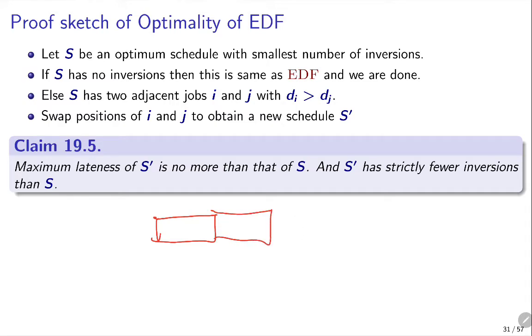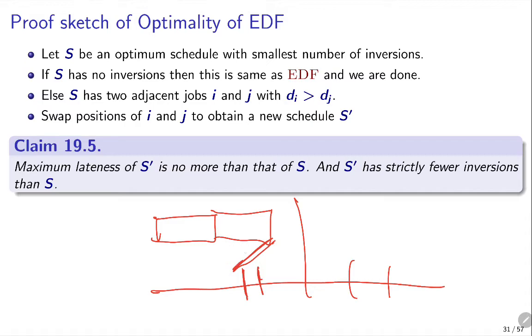So one option is the one I already drew, where the deadlines were to the right of the two jobs, and then clearly swapping them doesn't matter, right? So the more interesting case is where it does matter, right? Because one of them is past the deadline, right? So let's assume, for example, we have this situation. This is past the deadline, so you have to pay this difference. This one is not, right?